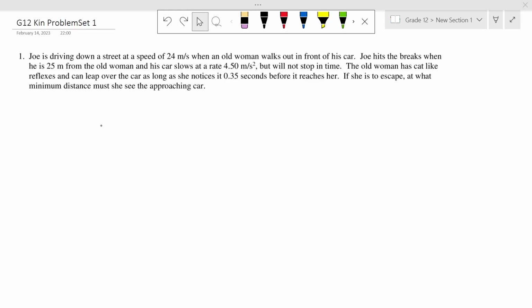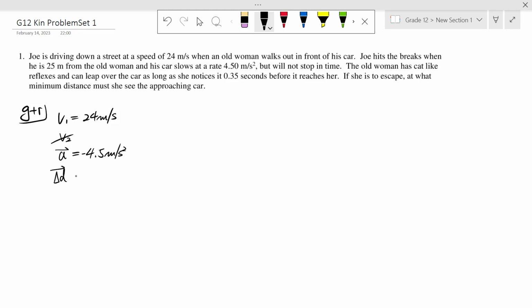Okay, let's set this up by given and required. We have V1 equals 24 meters per second. V2, don't really care. Acceleration is 4.5 meters per second squared, and I'll say this is negative, and I'll state the direction that's positive in a bit.